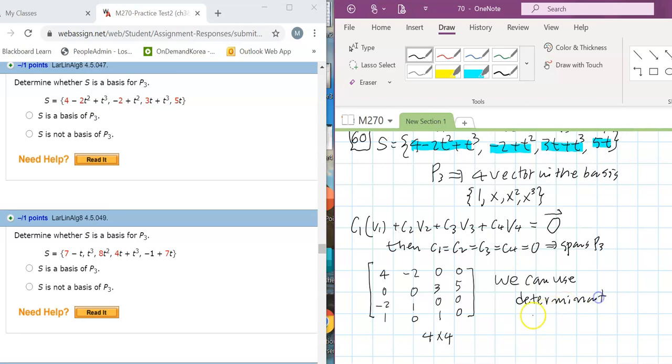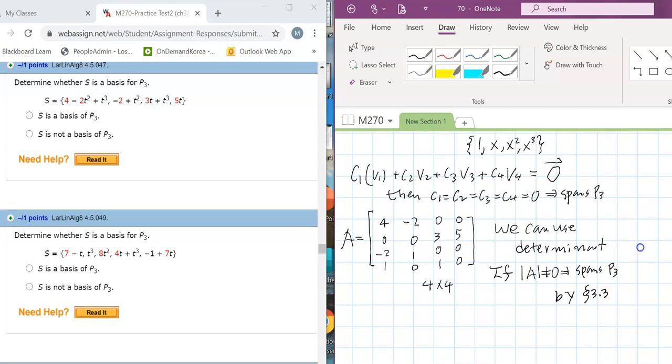In other words, if I call this A, if determinant is not 0, that means it spans P3 by the section in 3.3.